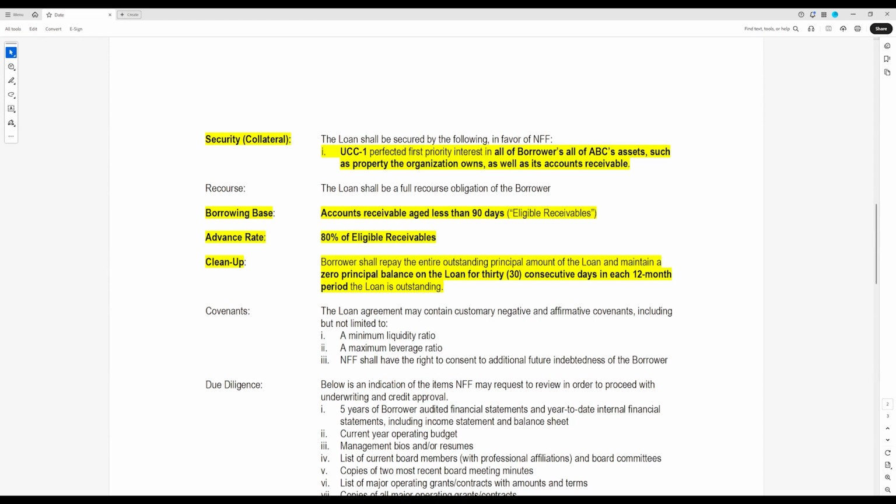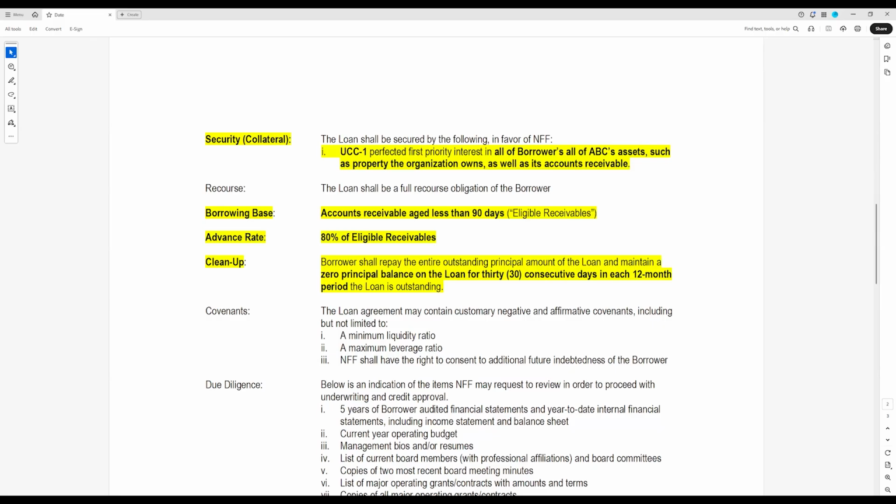Yeah, absolutely. This is a very good question. So we look at your receivables to determine how much you can borrow. Those are contracts that ABC's invoiced for, but you're still waiting for reimbursement. So once those contracts pay, you're going to use those funds to pay down anything that you've borrowed from your line of credit.